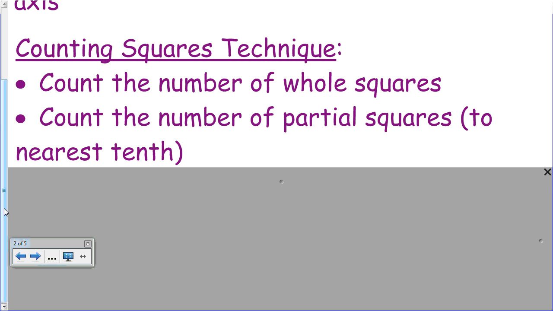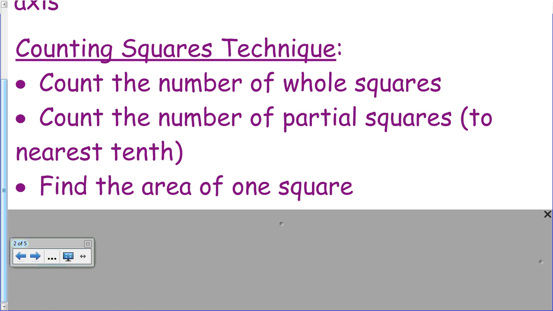This next step is the one that I said in the elementary technique you didn't have to worry about. But here we do have to make sure that we do this, and it's probably the one step that's most forgotten here, in fact, is to find the area of one square. Going back to your elementary example there, when you laid it on that grid, the area of each one of those squares that you were counting up was actually an area of 1.